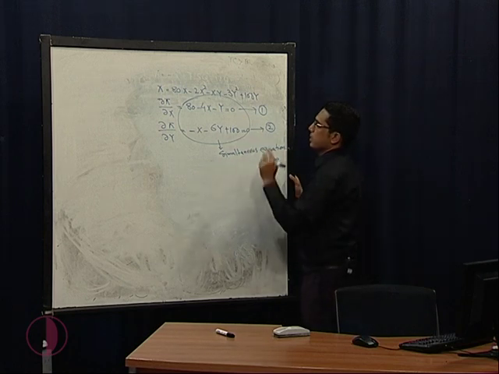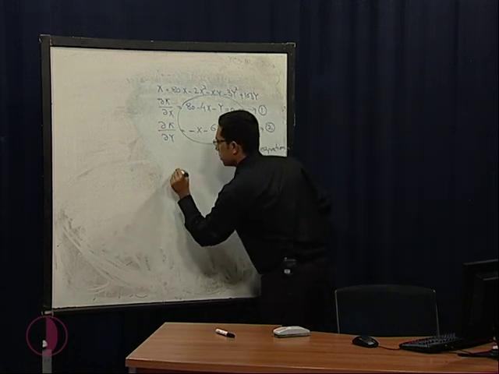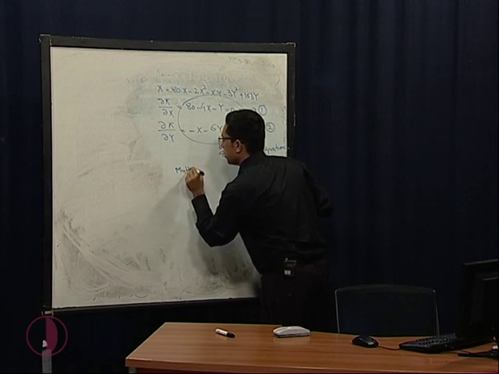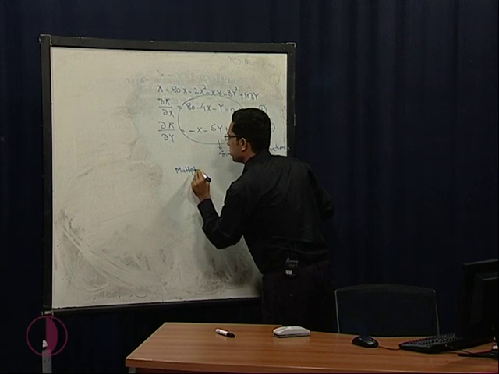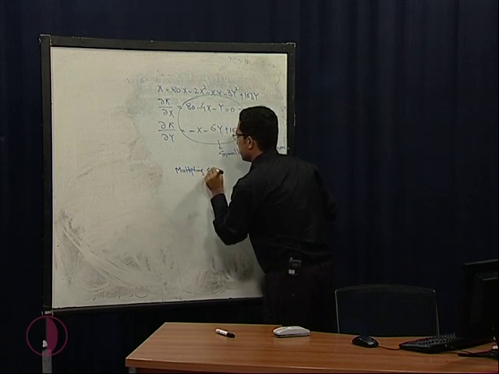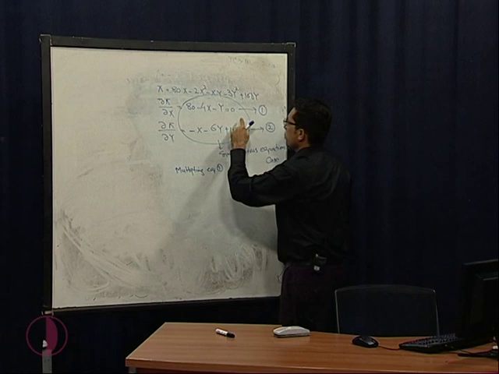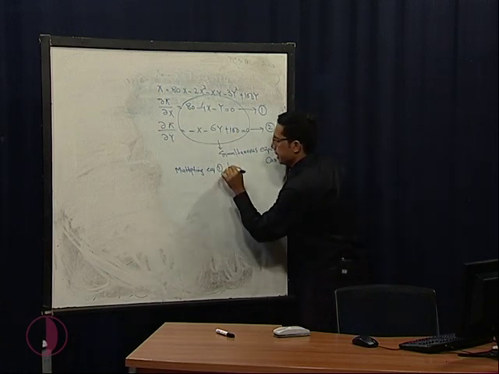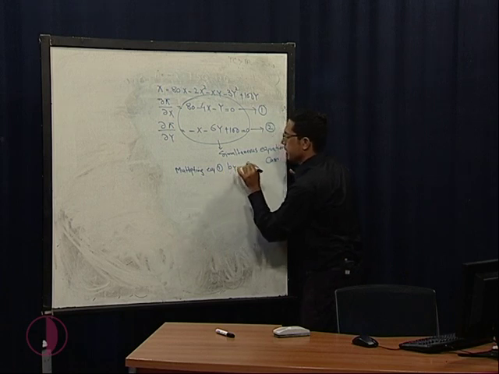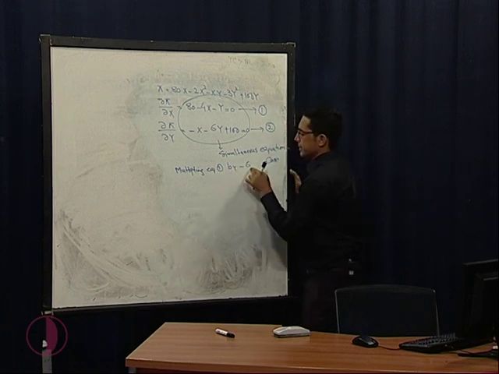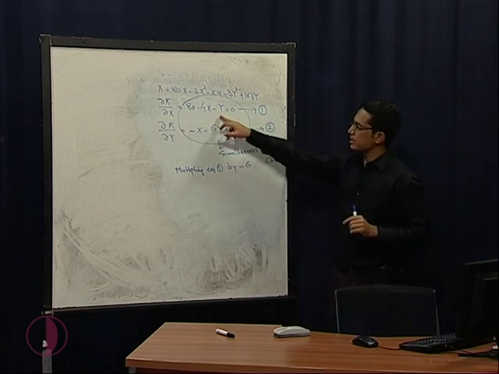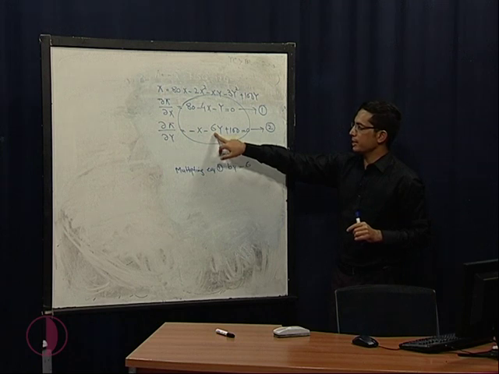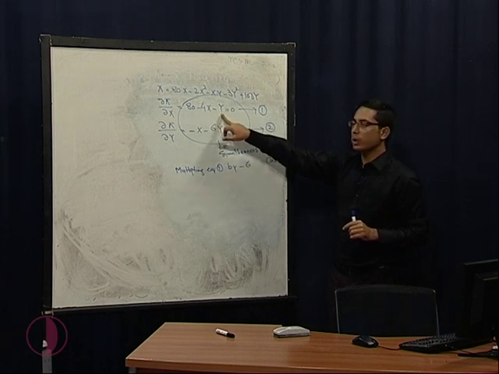Look at this equation. If we multiply equation 1 by minus 6, here is minus 6y, and here is only minus y.